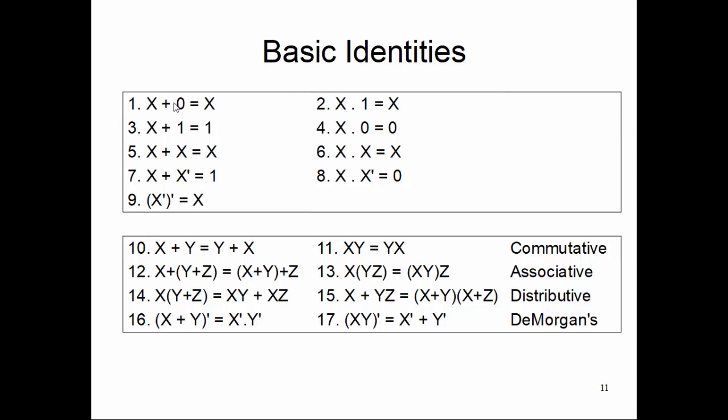See this x OR 0, remember the definition of dual function. So x OR 0, the dual of it is x AND 1, right? And the dual of x is x. So in this entire relation, we can see that number 2 is a dual form of number 1.